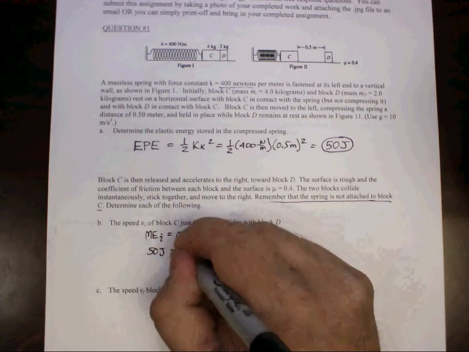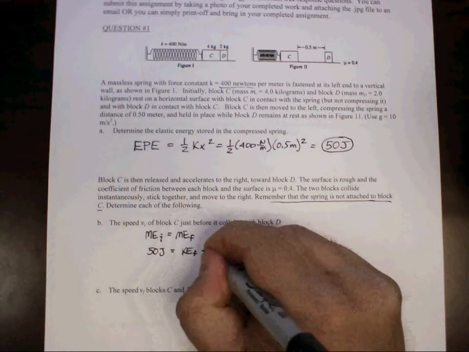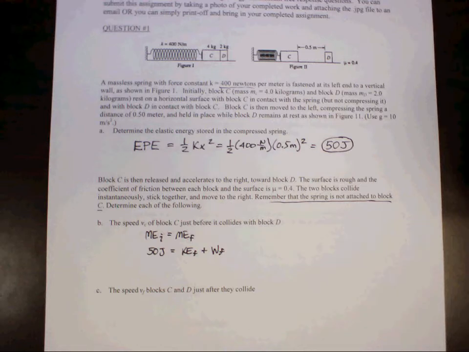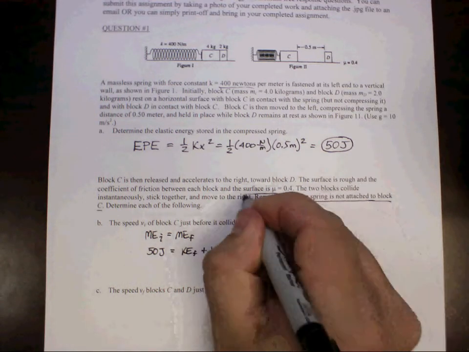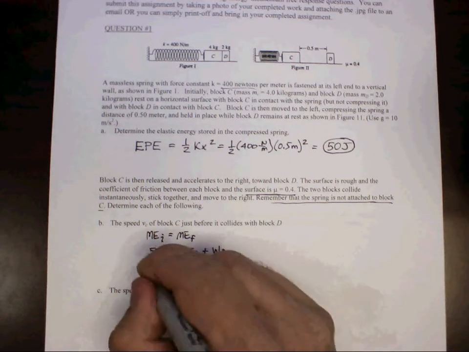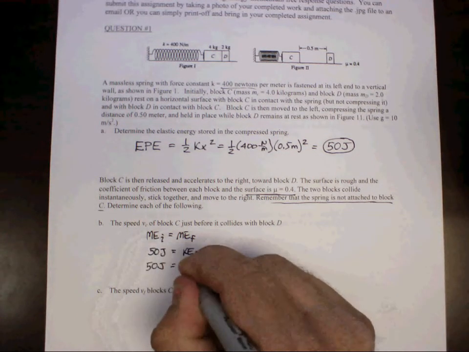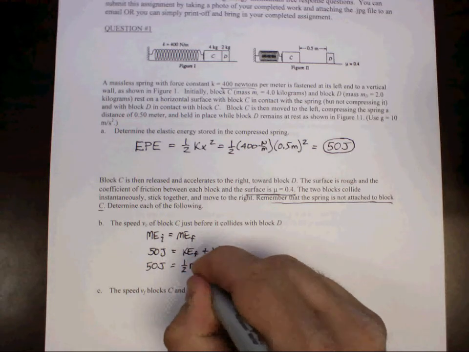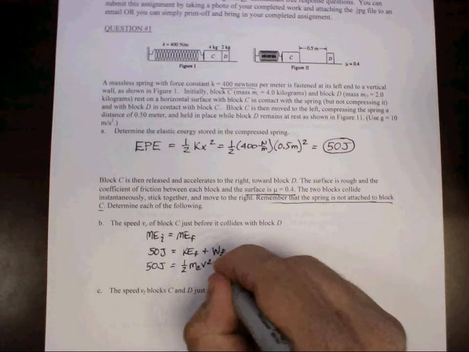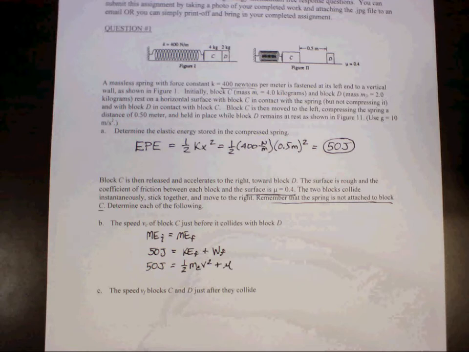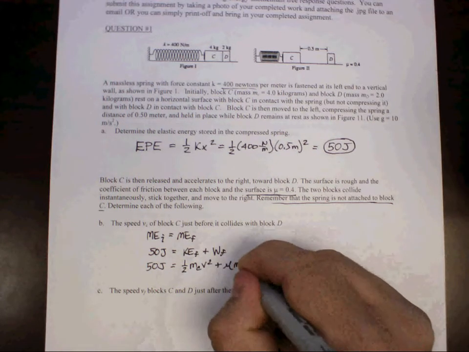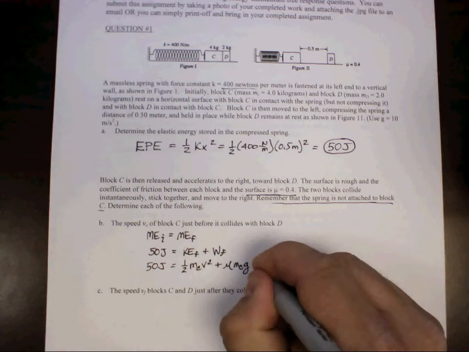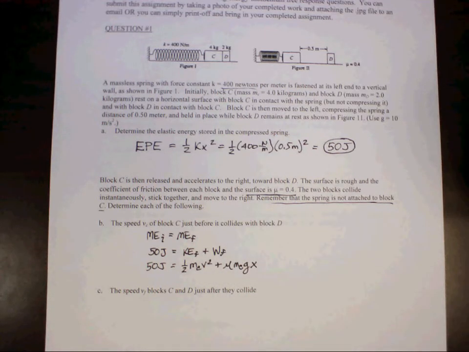To do this, we're going to do some energy conservation, and like I've taught you in class, I'm going to start with mechanical energy initial equals mechanical energy final. Well, we already found that it has 50 joules of initial energy. Now we have to find the final energy, and there are two things that make it up. One, it has kinetic final, but there's also some work from friction that we're going to add to that side, because they tell you that it has a surface with a coefficient of friction of 0.4.